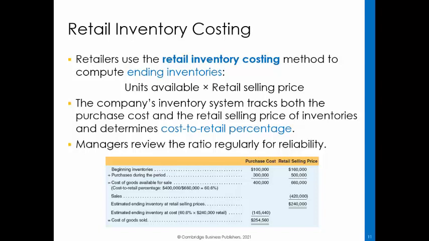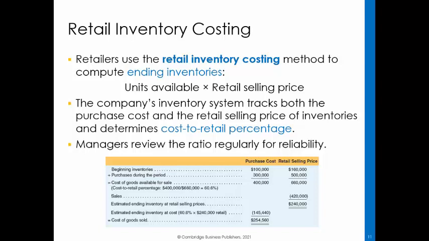The retail sales, $420,000, are deducted from the cost of goods available for sale at retail, $660,000, to estimate the ending inventory at retail selling price of $240,000. This amount is then multiplied by the cost to retail percentage of 60.6% to yield estimated inventory at cost of $145,440.